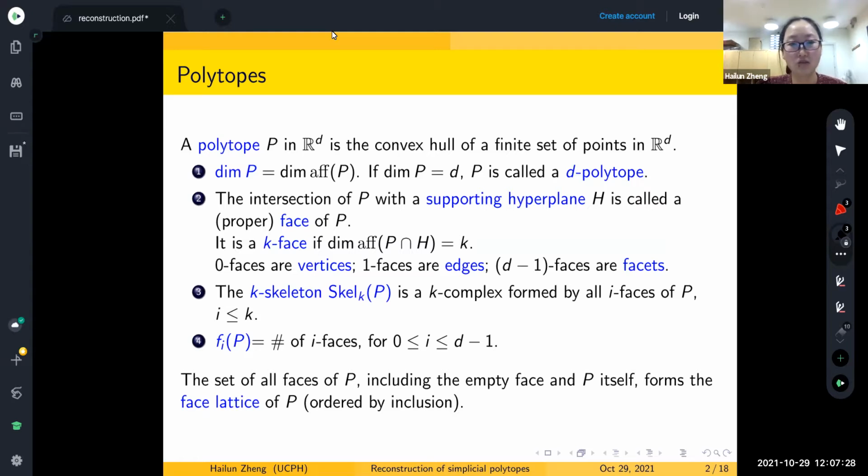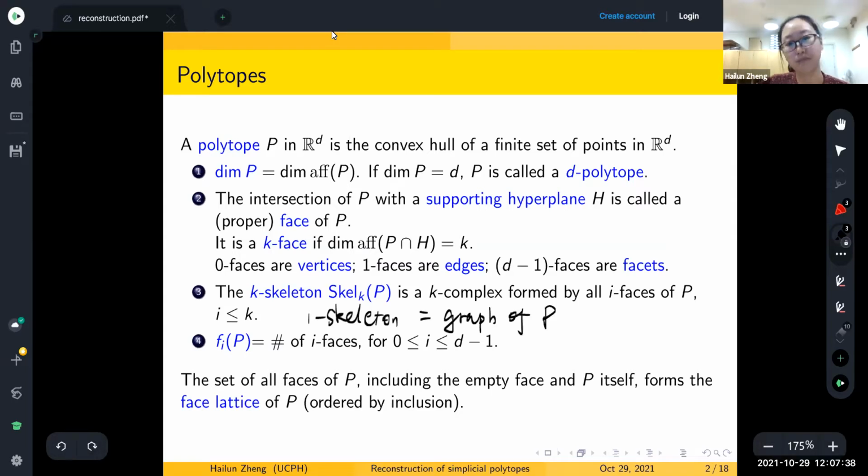Sometimes we also call it the graph of P. So the 1-skeleton equals the graph of the polytope. In this talk, most of the time, hopefully, I will just talk about the 1-skeleton of the polytope.